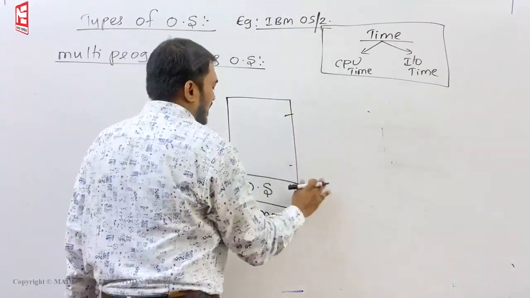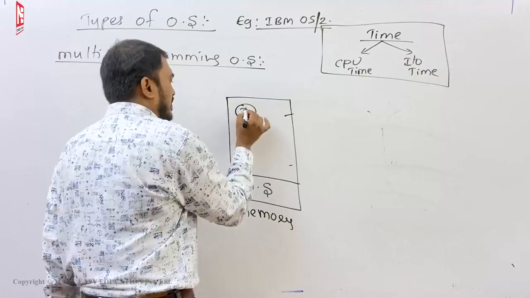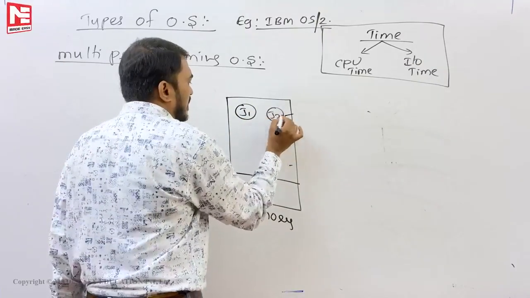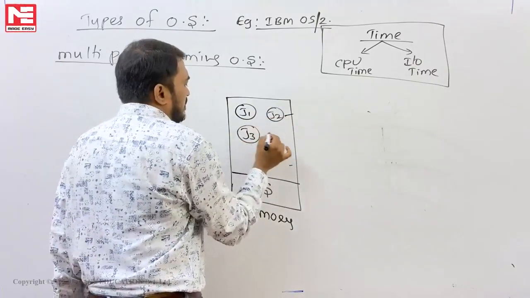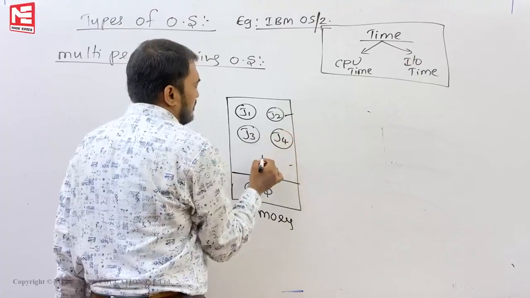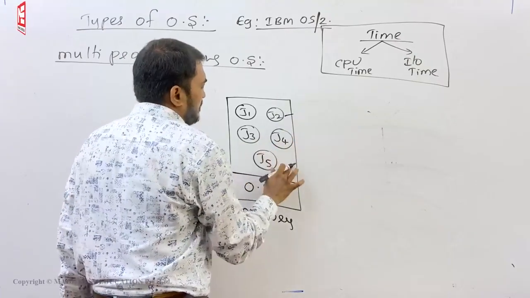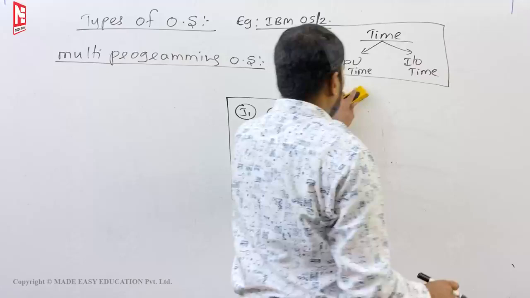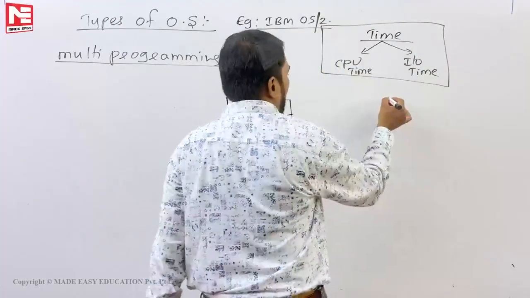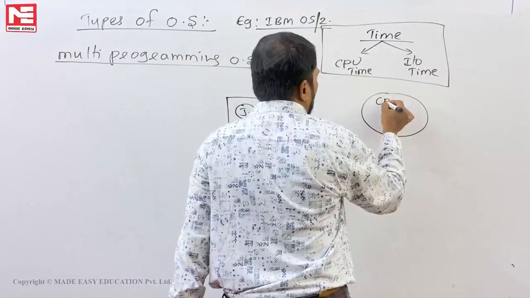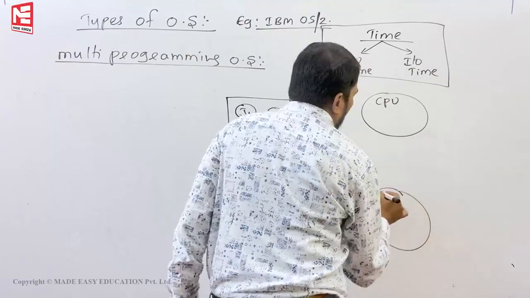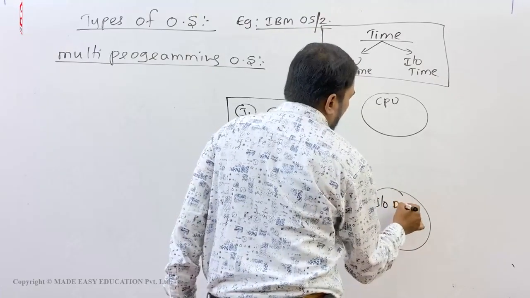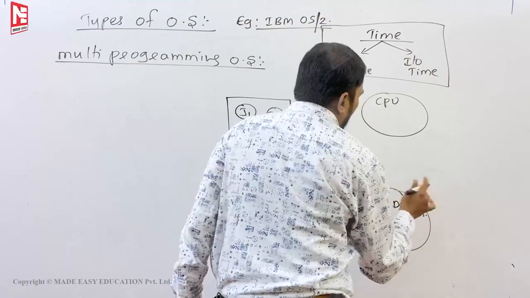Note down, copy the diagram here. Here also we have multiple jobs like job 1, job 2, job 3, job 4, job 5. The same thing, we have the CPU here, and we have IO devices.